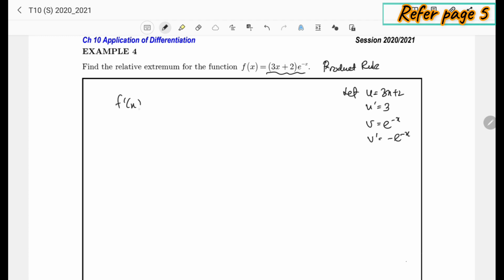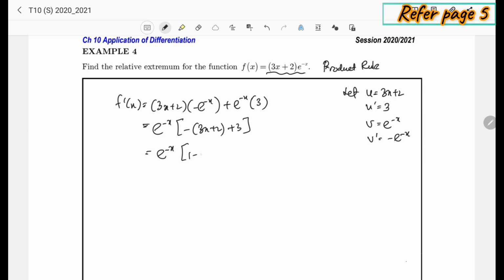So f prime x will be (3x plus 2) times negative e to the negative x plus e to the negative x times 3. So factorize e to the negative x: negative of (3x plus 2) plus 3. So we have e to the negative x times (1 minus 3x). So bring down the e to the negative x, so we have (1 minus 3x) over e to the x.